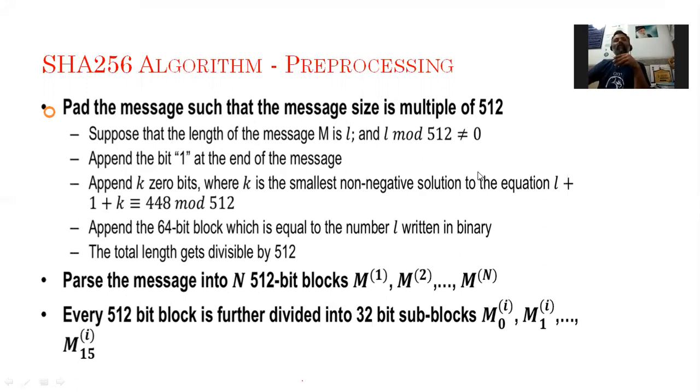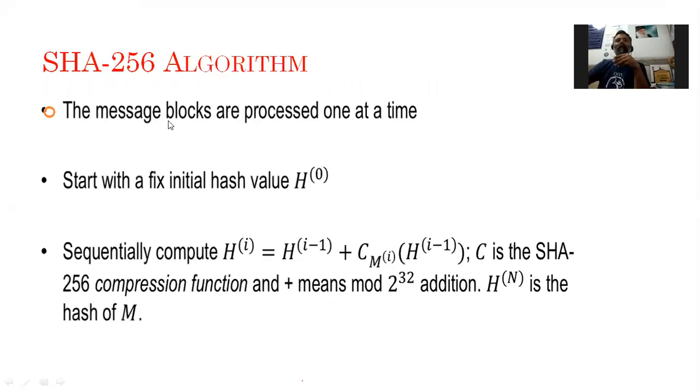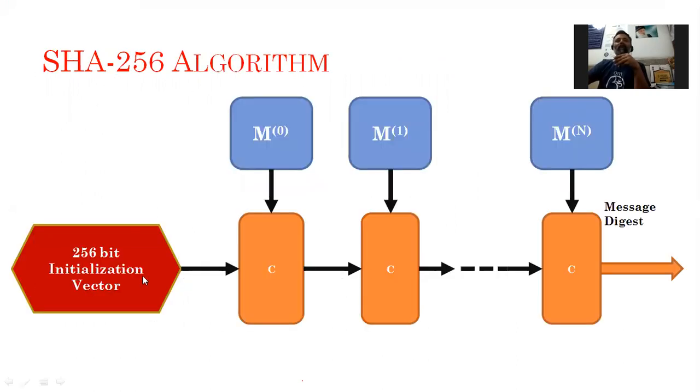Then we break the message into blocks, each of size 512 bits, and message blocks are processed one at a time. A compression function is used, with an initialization vector.